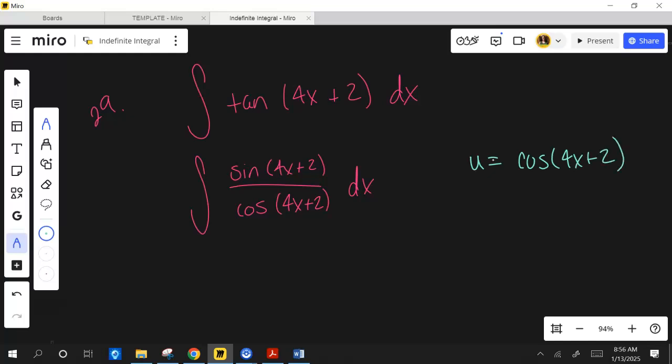What if I let u be the cosine of 4x plus 2? I can't pick 4x plus 2 because that would end up being sine u over cosine u, and I'm back in the same position of I don't know what the antiderivative of tangent is.